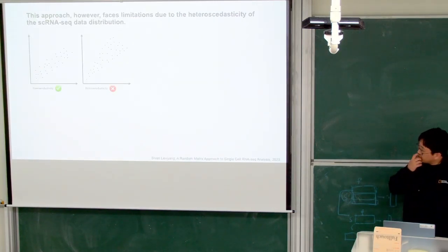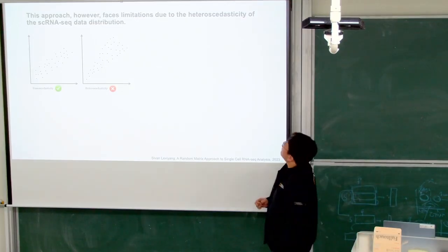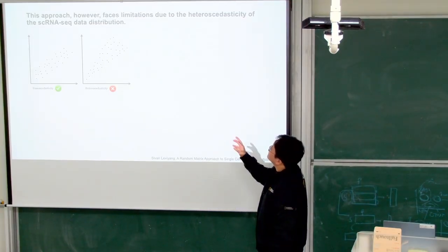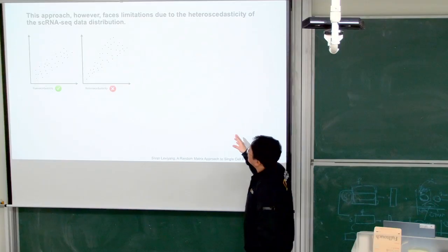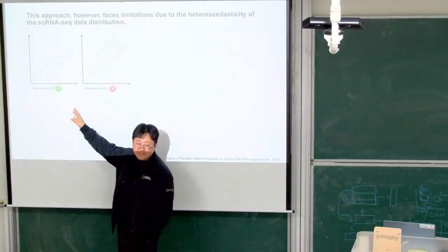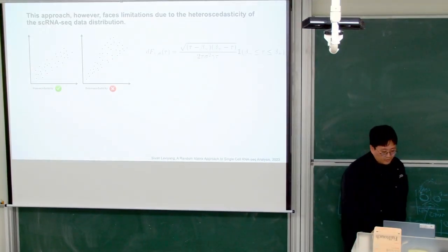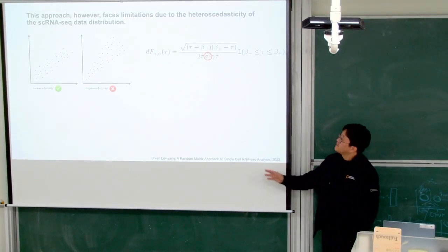But the problem is that this data distribution is not homoscedastic. Homoscedastic means that we have a fixed variance.